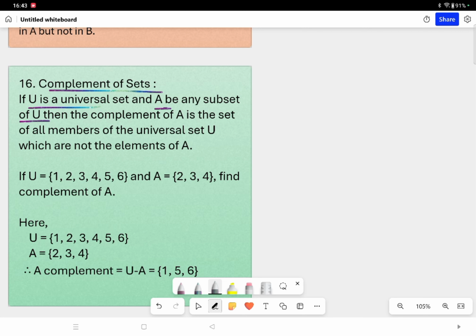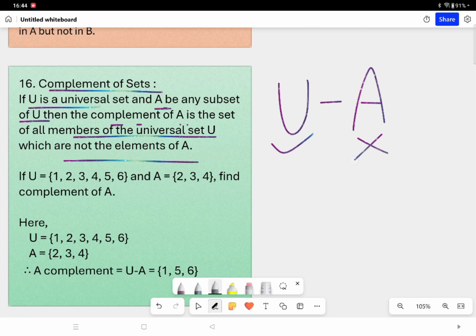So what will be the meaning of complement of a set? The complement of a set is all the members of the universal set U which are not present in A. That means U minus A. Elements present in U but not in A. That is called the complement of A.